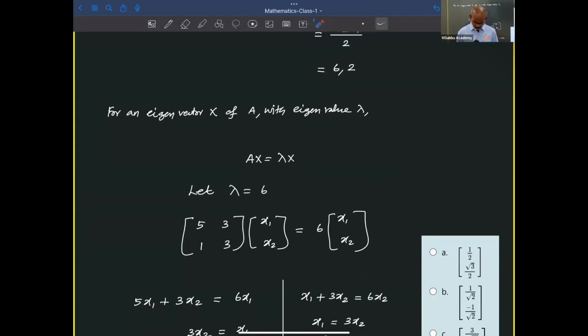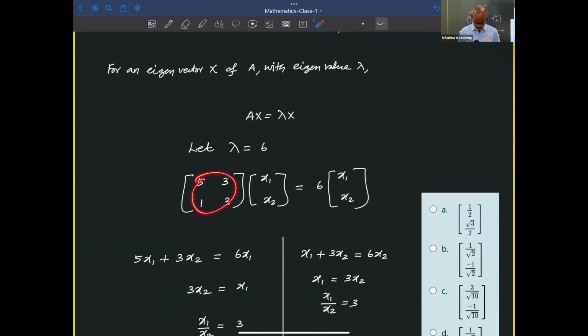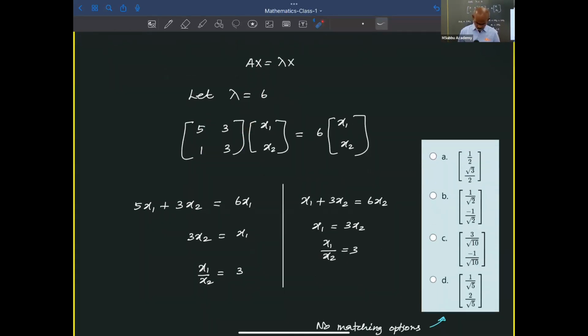So Ax is a matrix product, of course, this way, and this is lambda x. A is a matrix, and x is a vector, which has two coefficients, meaning two variables, two rows. So x1, x2, or sometimes x, y, z, that we can also write. Okay, so this is the equation we are getting now.